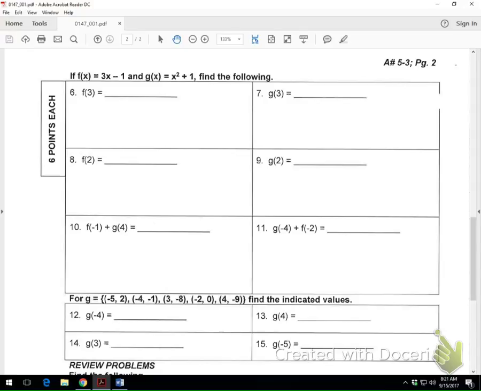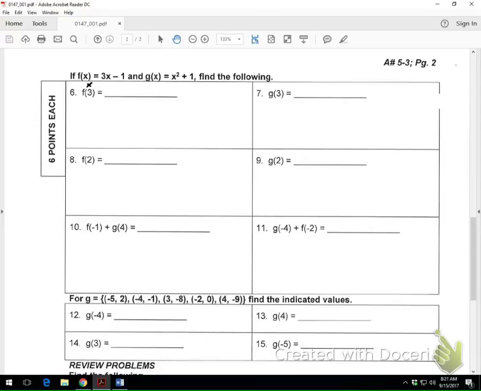Okay, that extra page is scratch paper. All right, so yesterday we talked about function notation. So like on 6, 7, 8, and 9. What normally goes inside that parentheses? An X. So what are you going to do with each of those numbers?